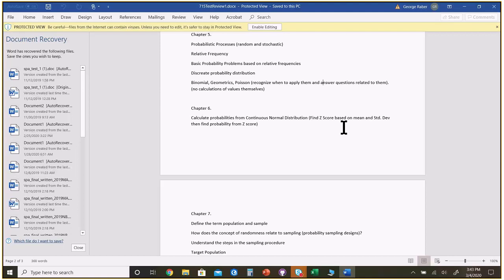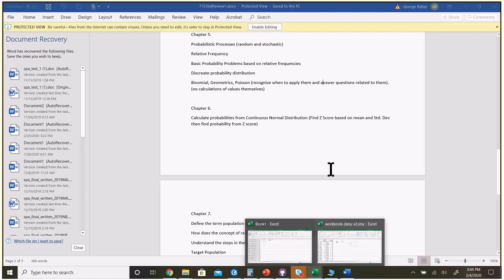So if I said the mean precipitation in a certain city is 99, the standard deviation is 10, what is the probability of getting more than 100 inches of rain in any given year? Those types of questions you will need to be able to answer. Basically, you need to be able to calculate a z-score from a mean and a standard deviation and another value that you're comparing to that.